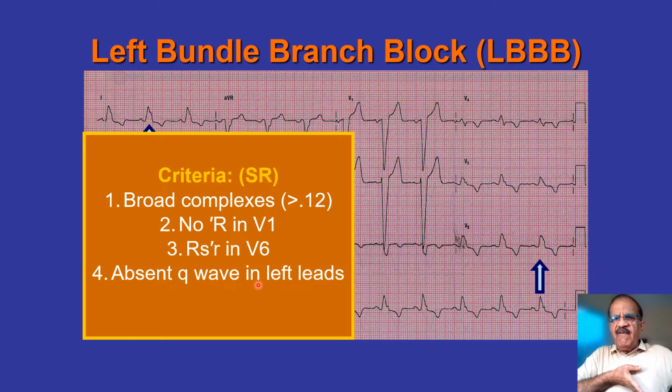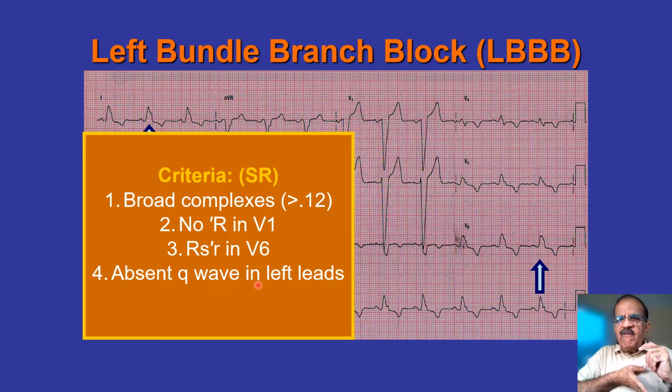In lead I, in aVL and left-sided precordial leads, it will be recorded as a slight downward deflection, a small Q wave. Okay, that is a normal Q wave, but sometimes it is not present.